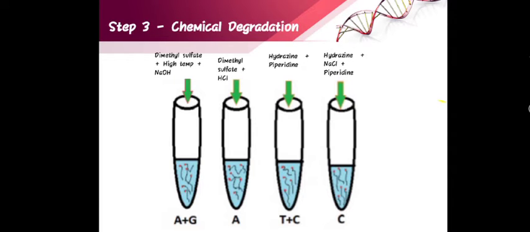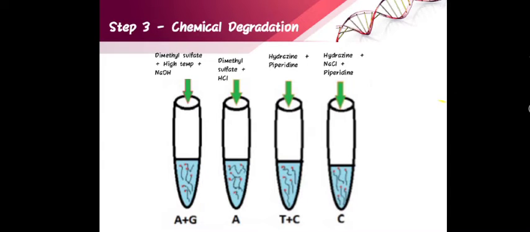Now, for adenine and guanine, like I said, for purines in general, we use dimethyl sulfate with high temperature and NaOH. So in this tube, this reaction mixture is capable of denaturing adenine, which means it'll either denature adenine or adenine will be present in a very less quantity. So this tube is usually used for the detection of guanine.